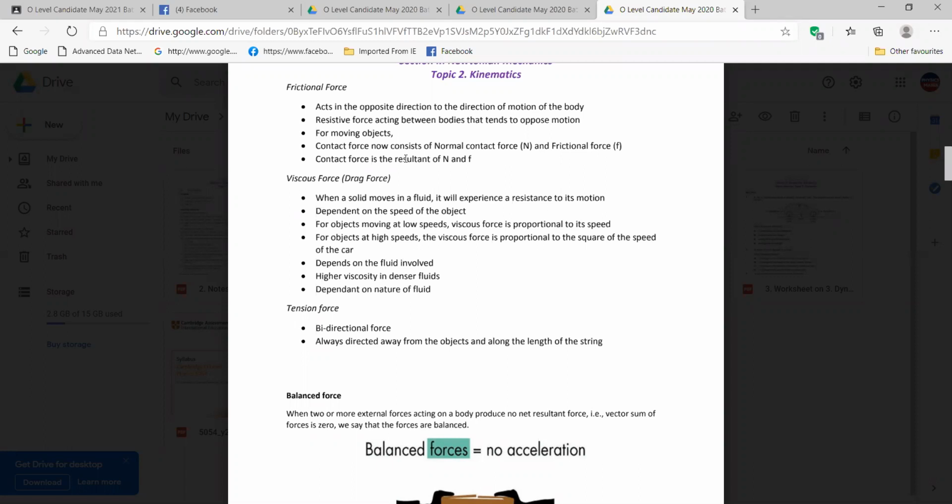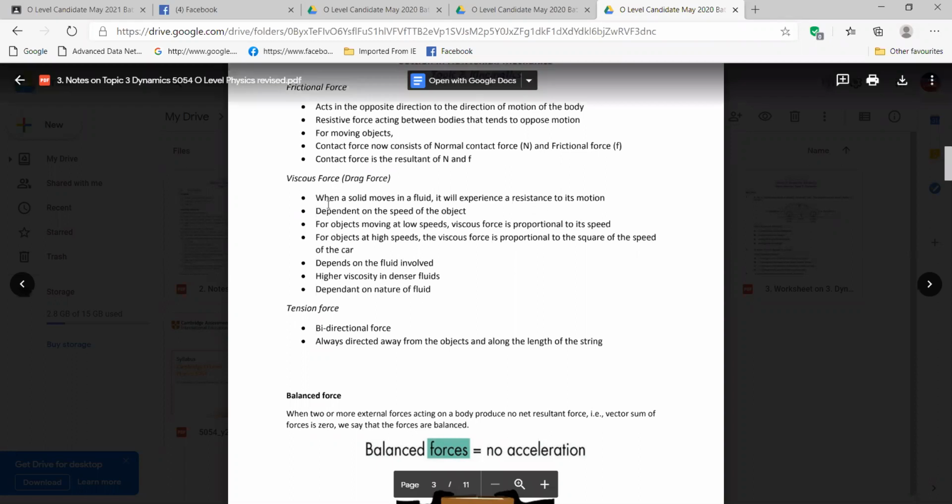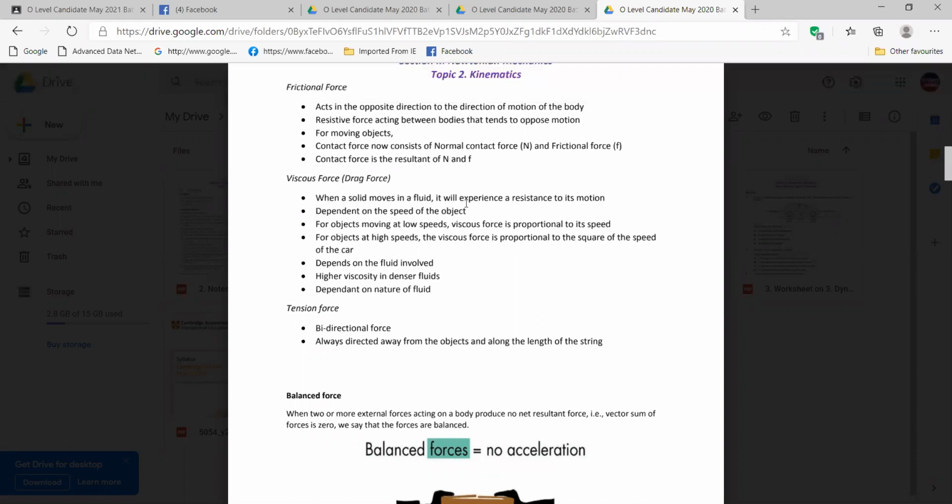Similarly, in water, if any vehicle is going through the water or any liquid, if the speed of the object is more, then it experiences more viscous force or drag force. That's why they are saying when a solid moves in a fluid, it will experience a resistance to its motion.